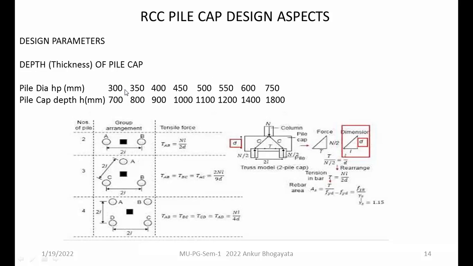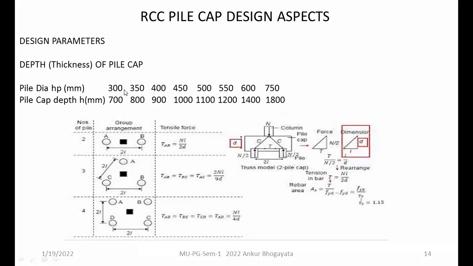You will notice that there is no direct relation given on, or importance given to, the pile load, or the load on the pile cap, and the thickness at this moment. So why is this not given as an important parameter? Because primarily the shape of the pile cap will decide the behavior of the pile cap itself.